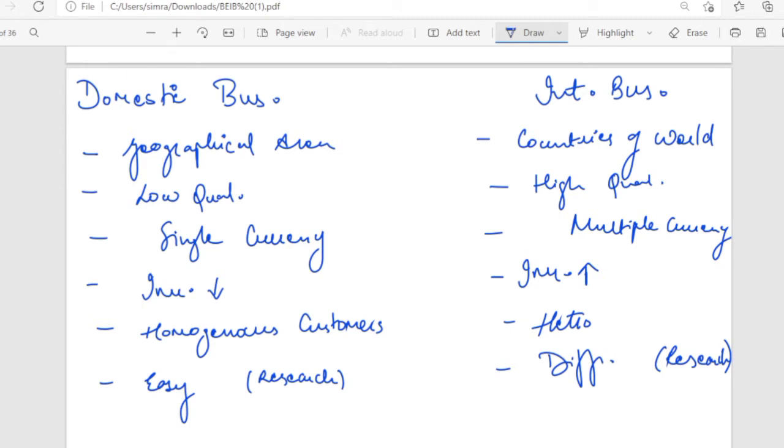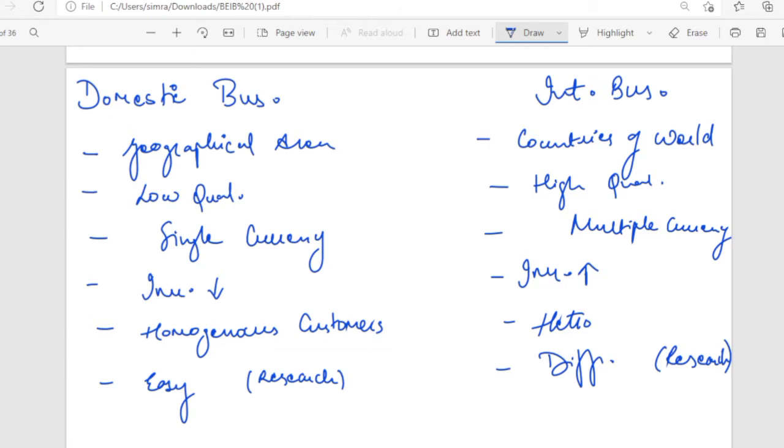If they have better technology, we'll use it to enhance our services, goods or products. If they have better human resource skills, we'll use that too. So in domestic business the quality standard will be low, and in international business it will be high.